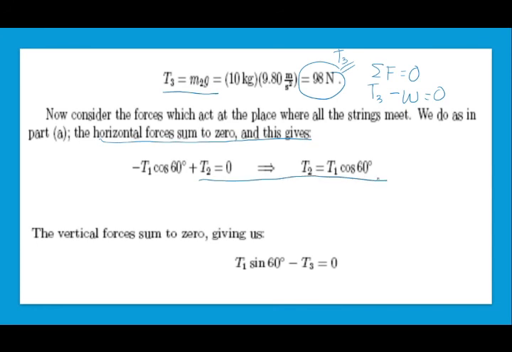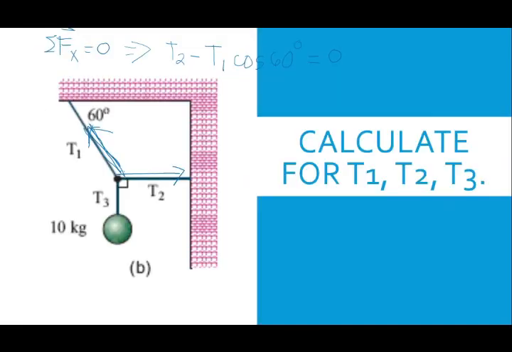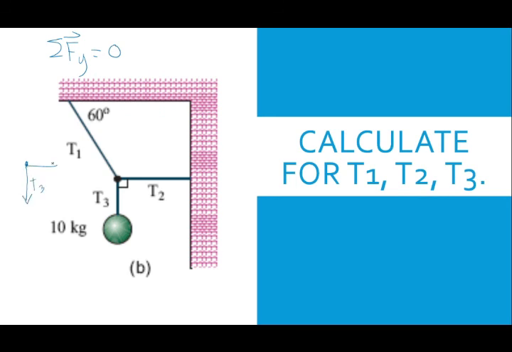Now, how about the sum of the vertical components? Tingnan natin. So, for vertical component, add ulit tayo. So, the sum of all the forces with respect to the vertical component is equal to 0. So, pag tinignan natin itong free body diagram dito sa gitna, we have T3 which is downward, T2 which is to the right, tapos T1 is upward.